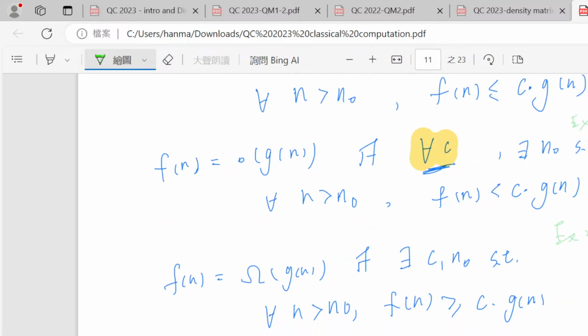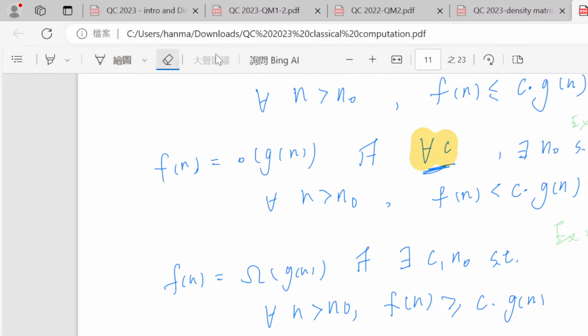So here we have an example: n is small o of n squared. So we want to solve for what n naught is. Given some c, we want n less than c times n squared.